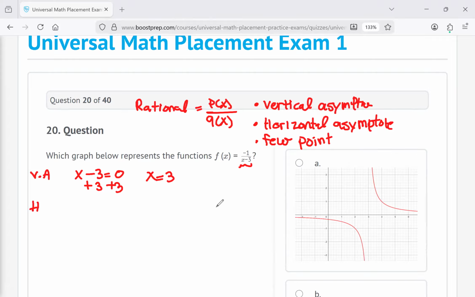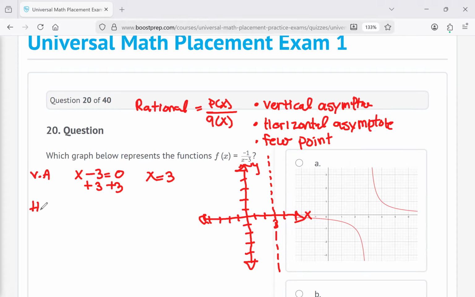What that looks like, it's going to look something like this. So x equals 3, here's 3. And then you just make a vertical dash line like that.